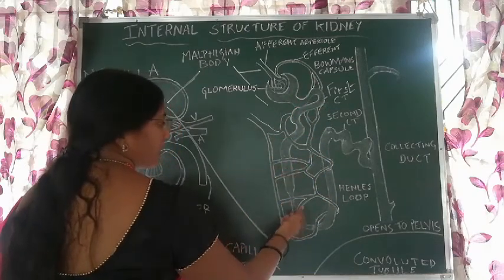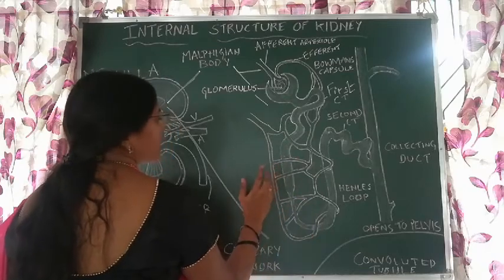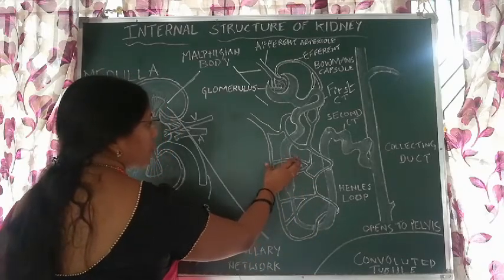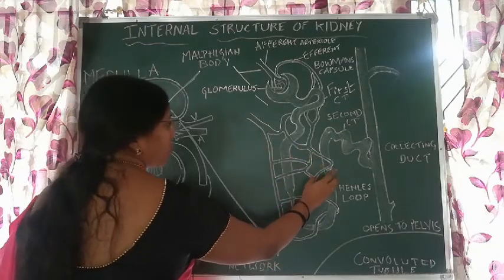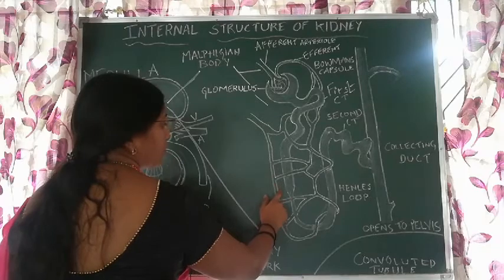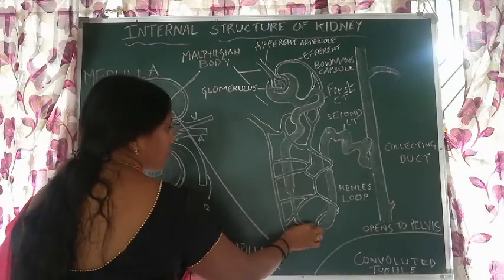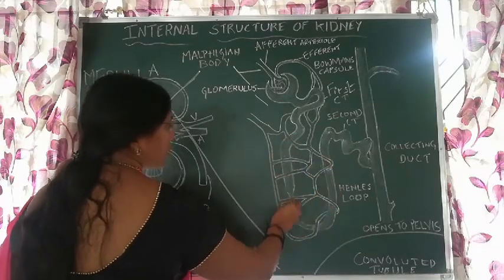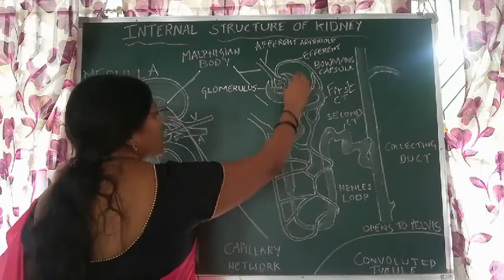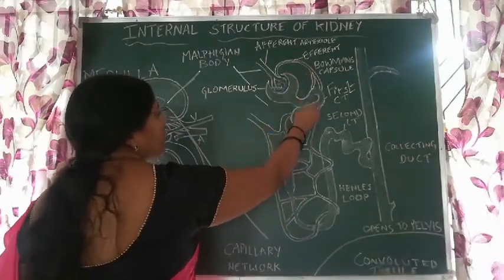It has a lot of divisions and branches. Why? Because the functions of tubular reabsorption and tubular secretion happen between the peritubular blood vessels and the renal tubule. This is the renal tubule and these are the blood vessels surrounding it. These blood vessels have come from the efferent arteriole.